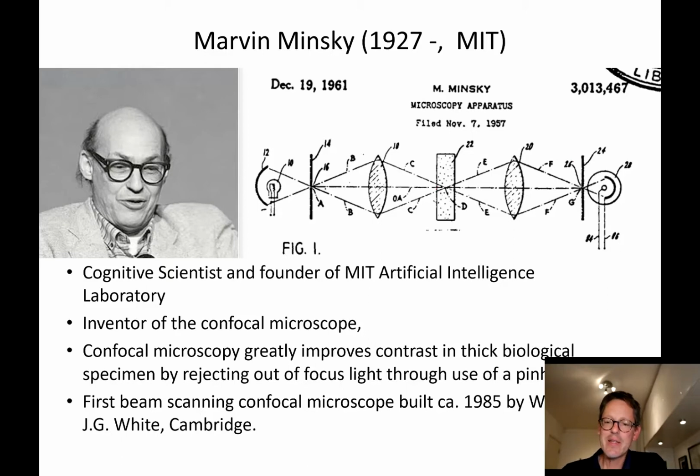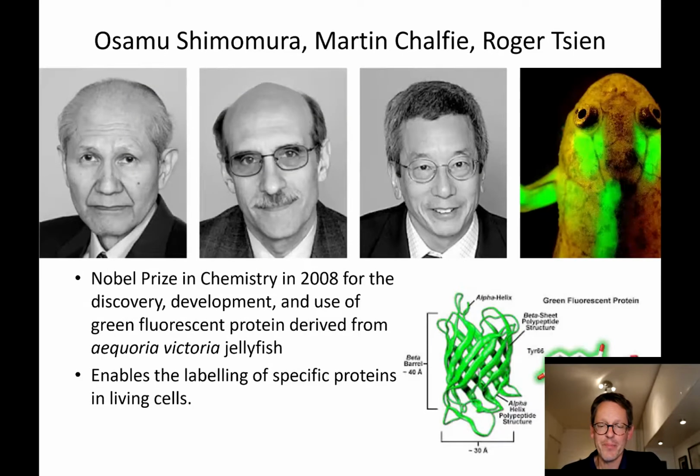The idea is to reject the out-of-focus light by using a pinhole that admits the light from the focused plane in the sample, but rejects all the other light from out-of-focus planes. That really increases contrast and allows you to image at depth. We will go into this at a later lecture. But the confocal microscope is a key instrument to improve contrast and reduce out-of-focus light.